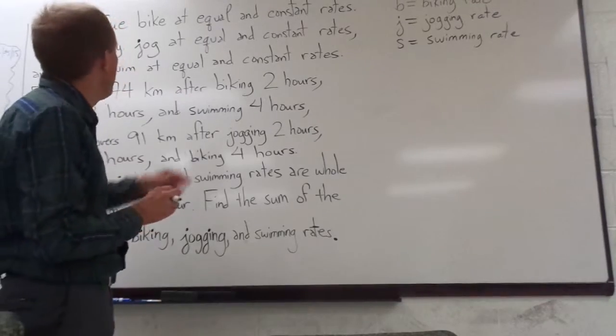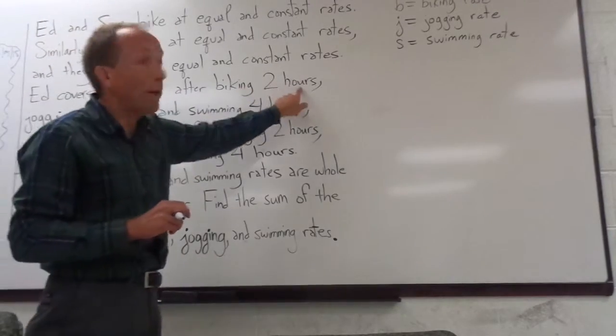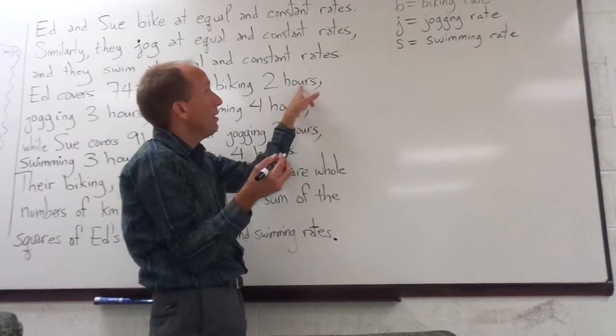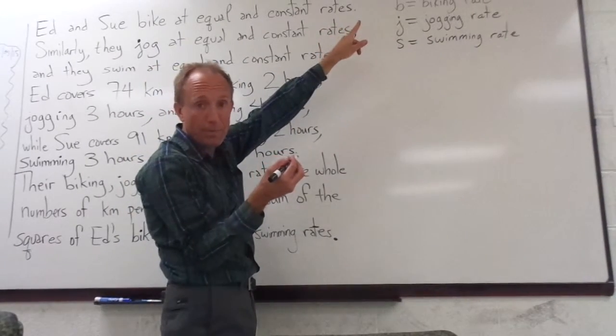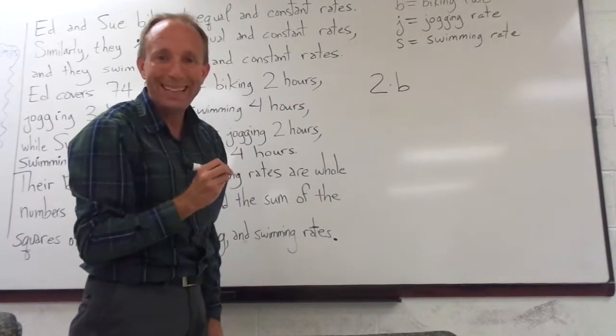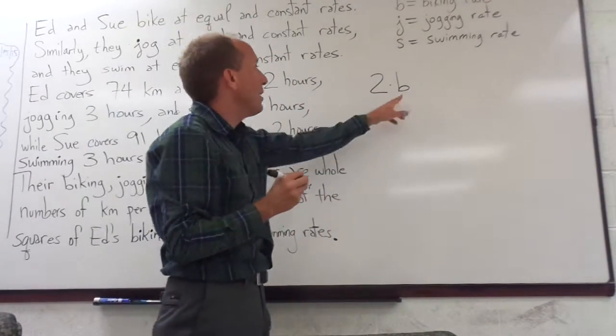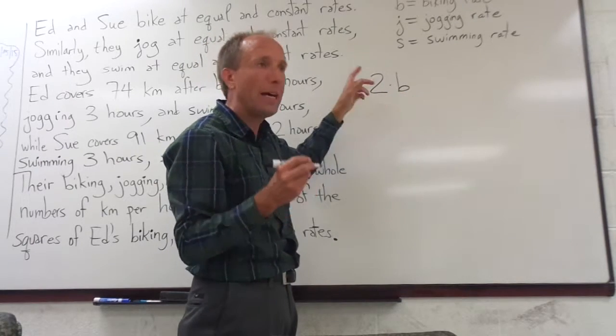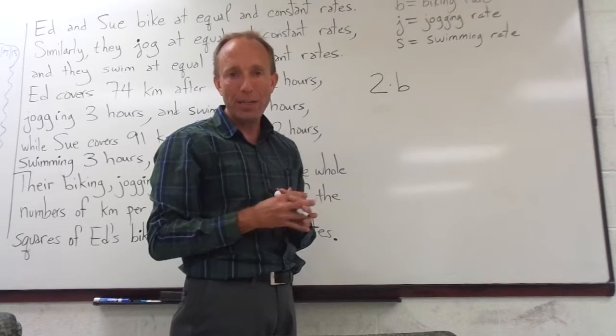Okay, so for example, if Ed has biked for 2 hours, then how far did he go on his bicycle if B is his biking rate? Well, the answer is 2 times B, right? So if he's biking at 10 kilometers an hour and he does it for 2 hours, well, that would be 20 kilometers that he's covered.